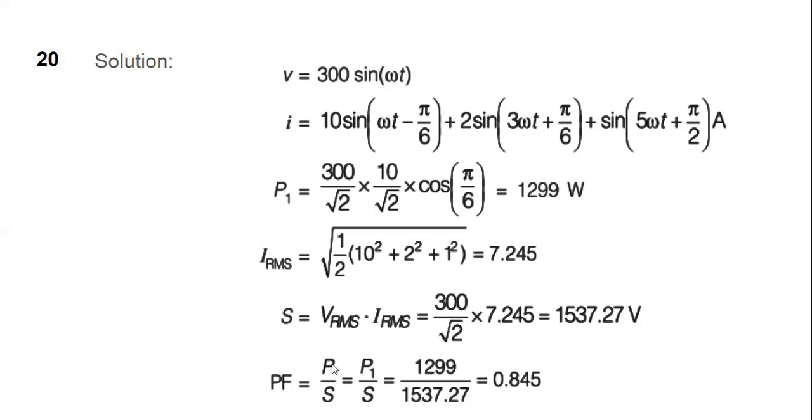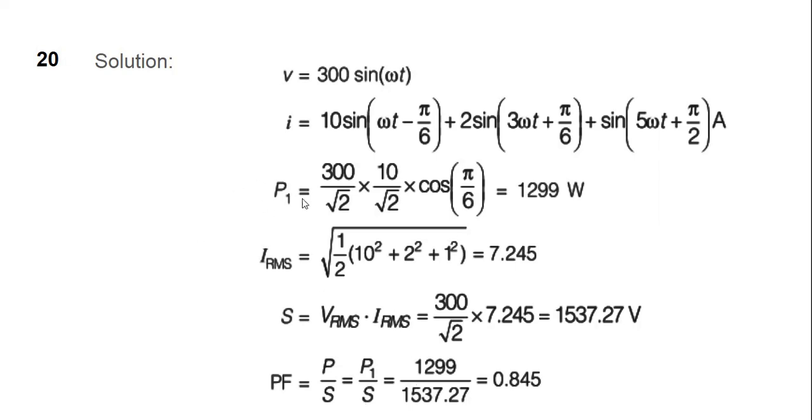For finding the real power, we can find out only the fundamental power, because the fundamental power will be the useful power which will be used for doing the purposeful work. So we need to find the power factor by using only the fundamental power. So P1 by the apparent power will be the power factor.